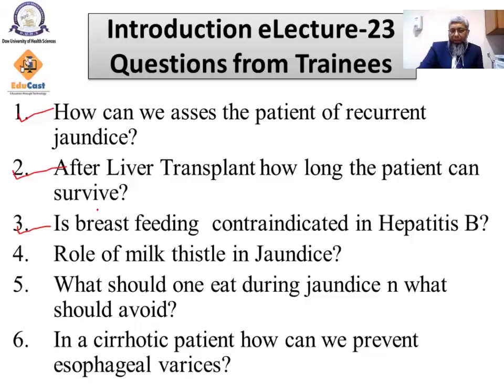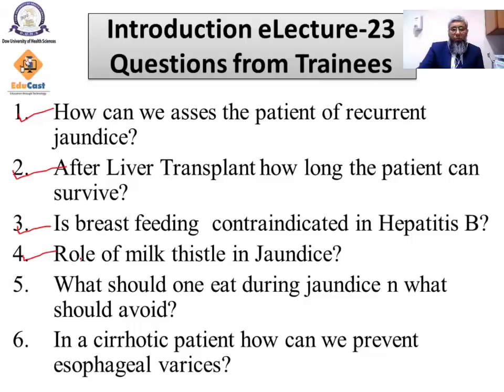Just like that, you should have urgency to give them hepatitis B immunoglobulin on one arm, and on the other arm hepatitis B vaccination, and that's how you can prevent transmission of hepatitis B from mother to baby, and there is no contraindication of breastfeeding.